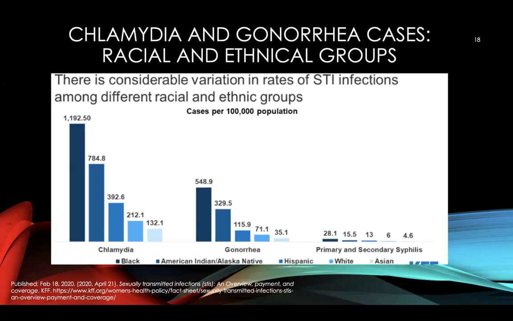That doesn't discount any of the other groups as well, just because they all have higher values as well, higher than we would like to see. But you can just see kind of this escalating trend. And also in gonorrhea, you can also see the higher values in the African American population and lower in the Asian culture.